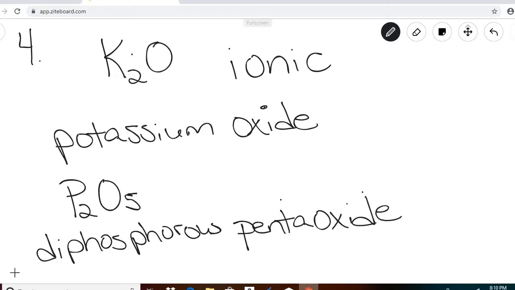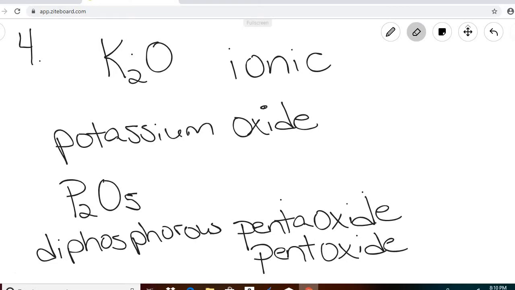So diphosphorus pentaoxide. Sometimes you'll see this just leaving that off. It would just be pentoxide. Either one of those would be okay. Okay, so diphosphorus pentoxide or pentaoxide.